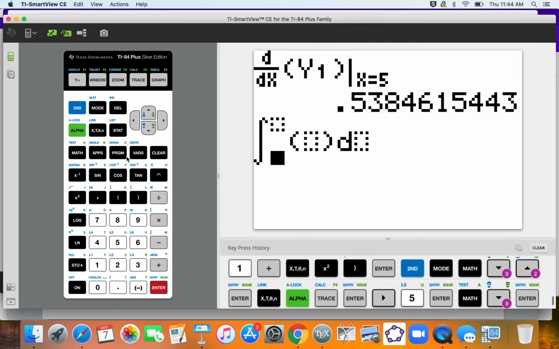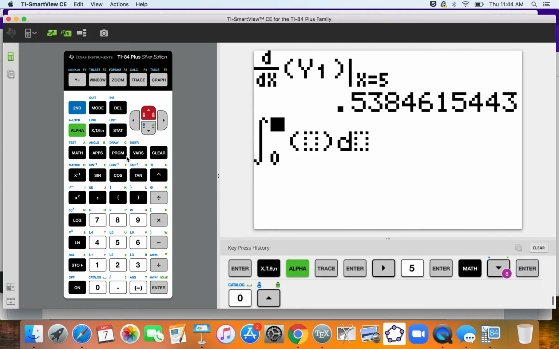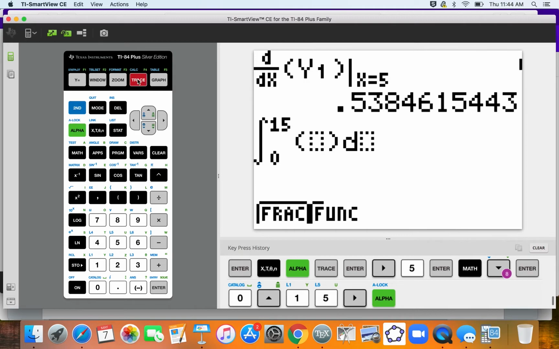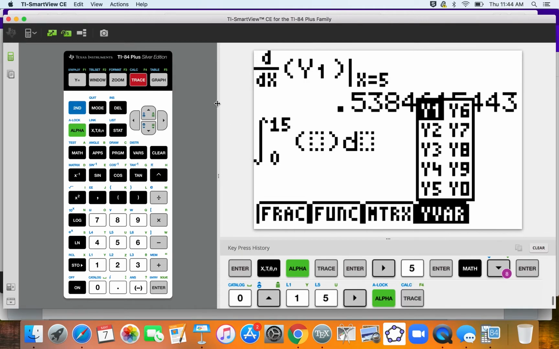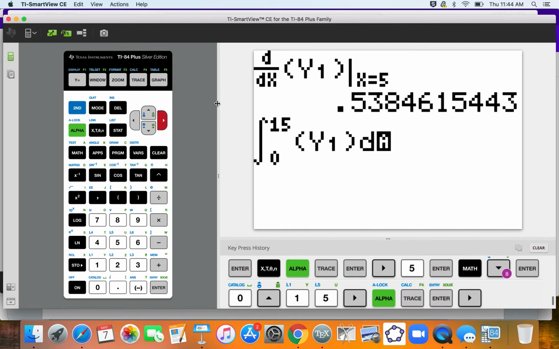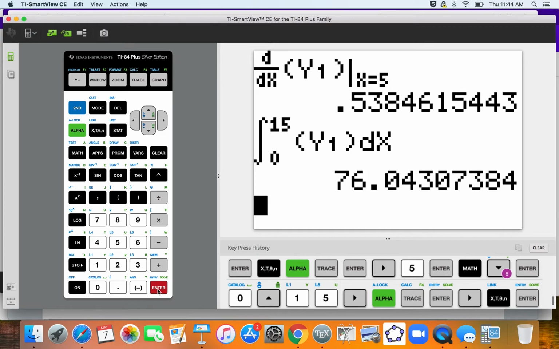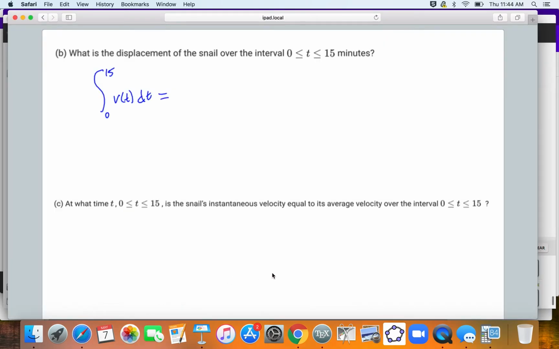I'm going to go from 0 to 15. All right, so 76.043 inches.